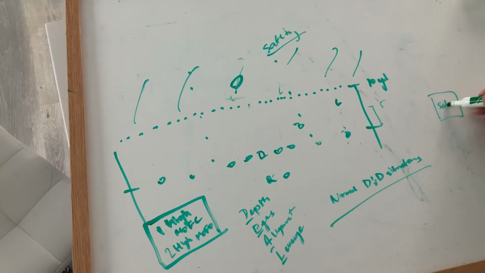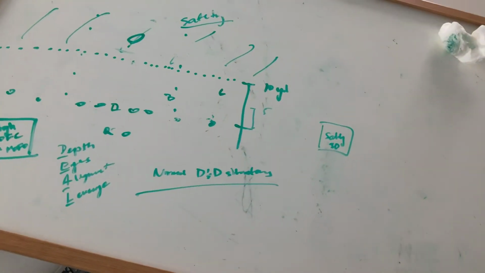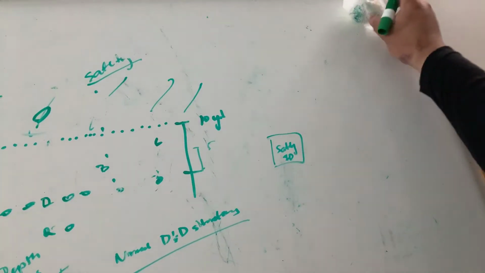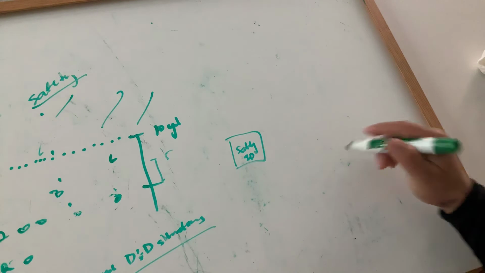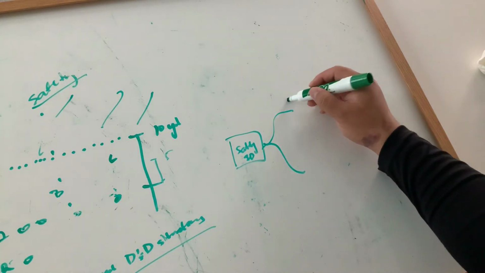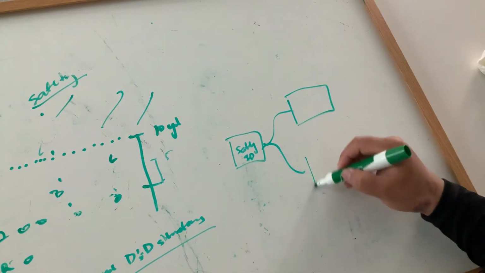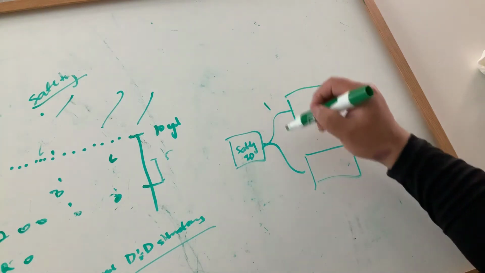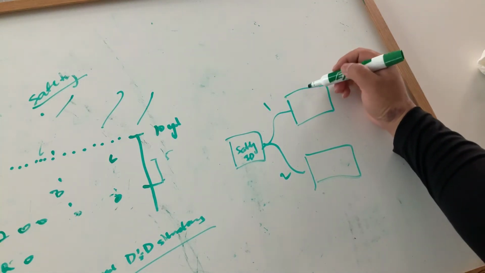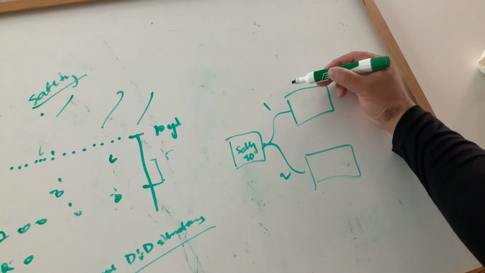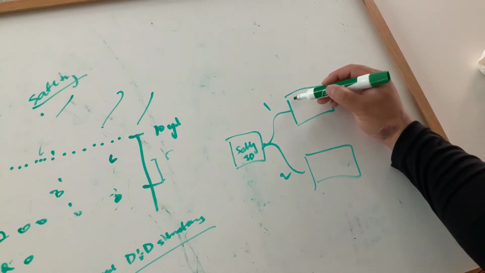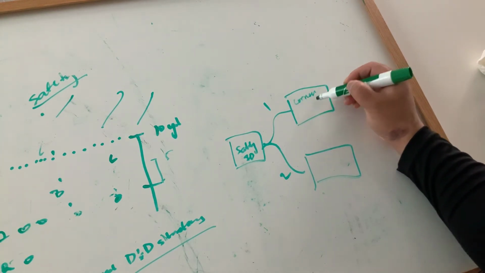So it's safety ID. I'll scoot this over a little bit. So if there's one safety like we set up here, then now I'm looking at the corners' deal.